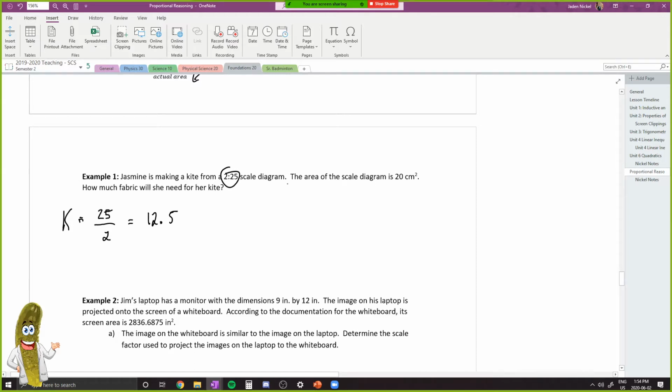Because I'm scaling it up, because I'm assuming that this was a drawing, I know that I want a scale factor or K value that is greater than 1. Then what I could do is say that the kite area, which is the new object, is going to be equal to K squared times the kite drawing.